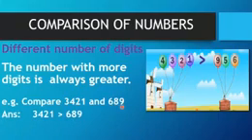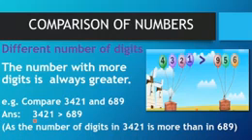So which one will be the greater one? Yes, the number with more digits. So that is why 3421 is greater than 689, because the number of digits in 3421 is more than in 689.